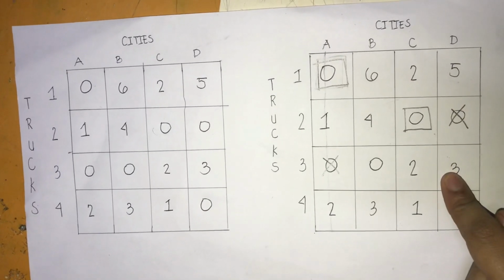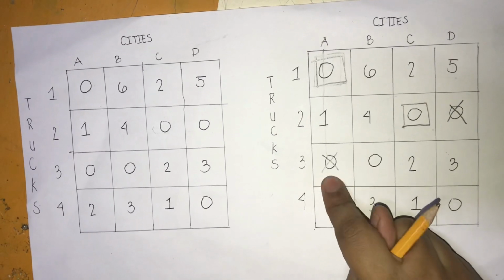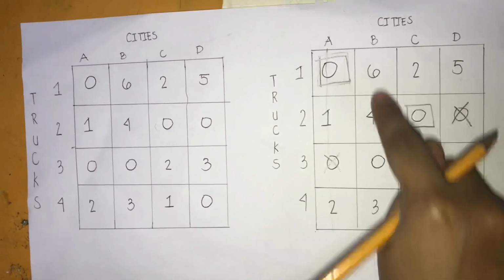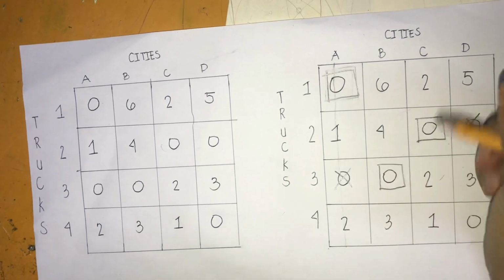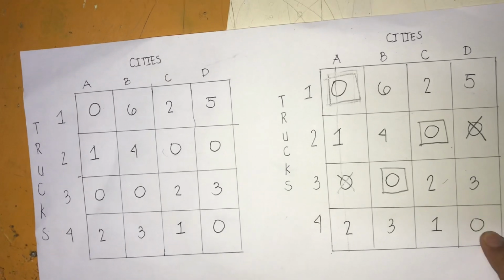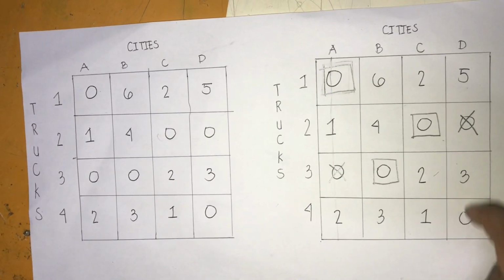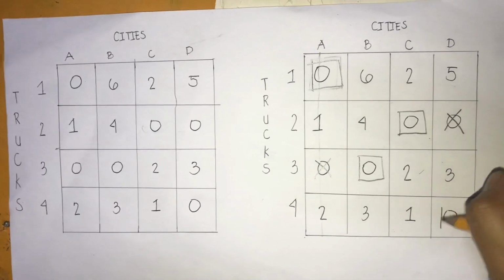Column 3. Since na-cross out na ning first nga 0, and siya na lang ang 0 sa ani nga column and sa ilahang row, ato siyang i-box. Same goes to column 4. Since siya lang ang 0 sa iyang column and if i-check per row na-cross na iyang isa ka 0, siya ato i-box.